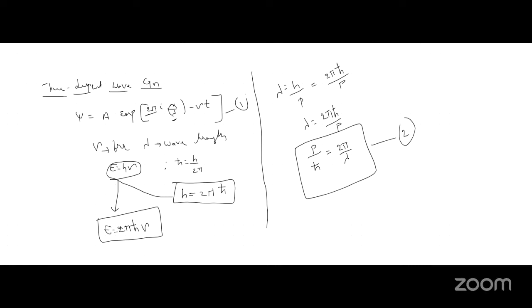Next, what do we have to write? Substitute 2 in 1. After substituting 2 in 1, we get ψ = A exp((i/ħ)(px − Et)).